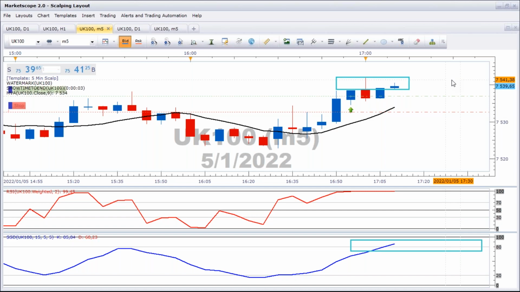Definitely not much enthusiasm with this candle. It's a very short, stocky candle. No length on that at all, which makes me nervous. I think we've got to tighten up here.